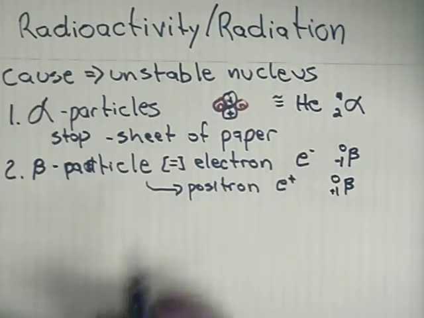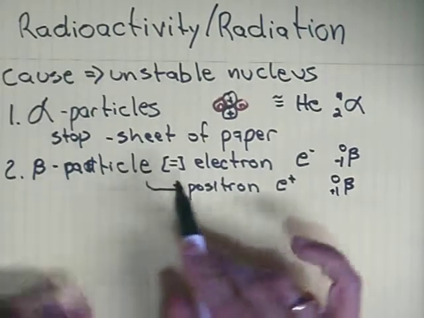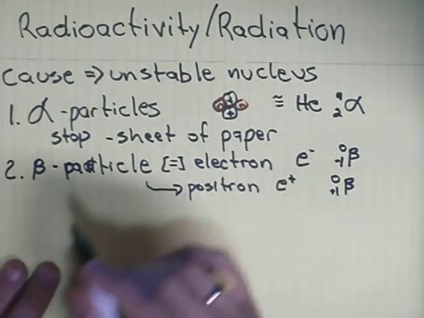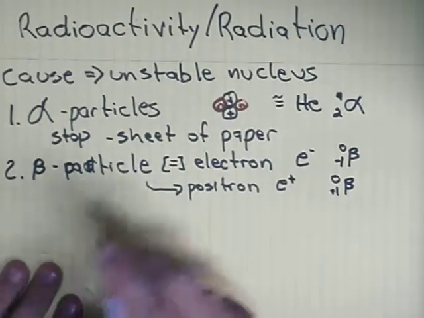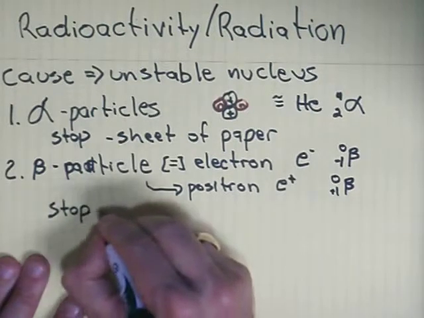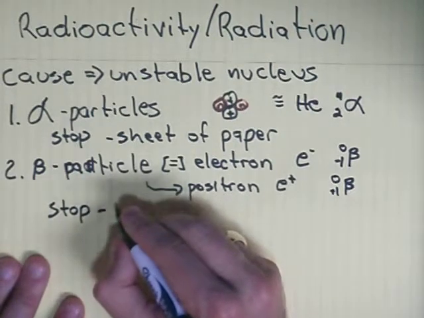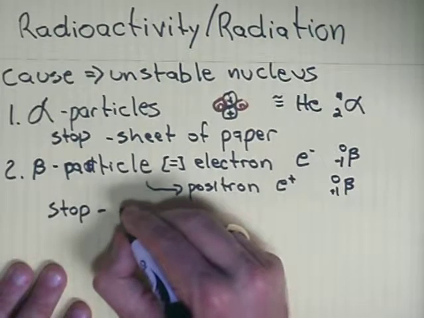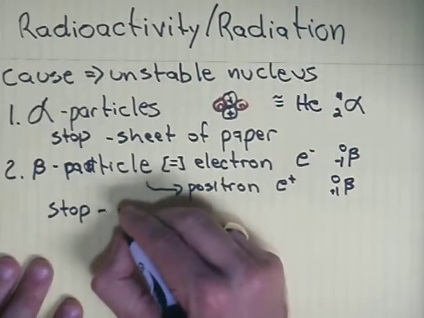And so that's beta, essentially an electron or a positron, a positively charged electron. And that can usually be stopped by aluminum, which we commonly use as the standard for that.